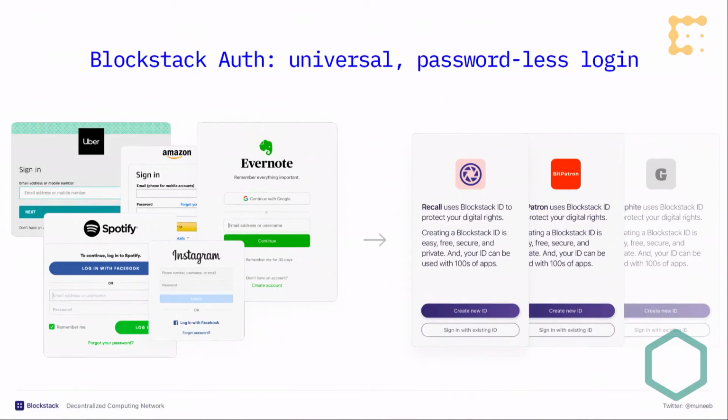In terms of authentication, let me walk you through what it looks like from a user perspective and what it looks like from a developer perspective. So from a user perspective, instead of signing up on new websites or applications where you get a new username and you need a new password, or instead of depending on services like Facebook Connect or Google Auth, you basically register your own username.